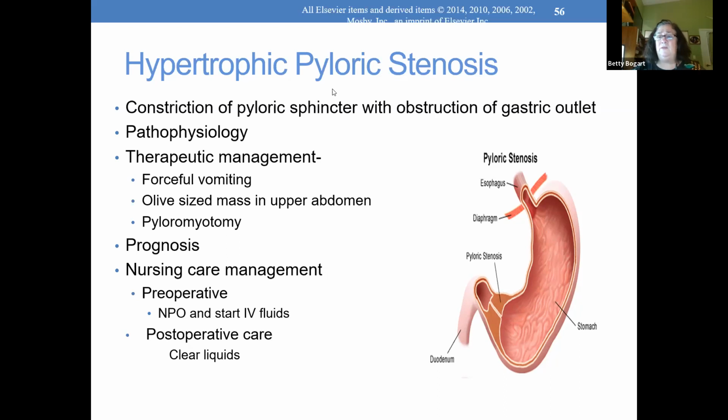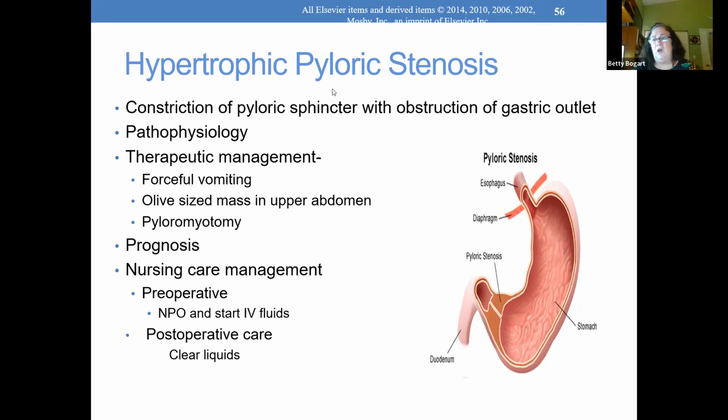Now, as soon as we get an infant in with vomiting, first question: what does it look like when they vomit? Does it dribble down or does it get forced out? And if they say it's forced out a lot, I would ask them, would you please not feed your infant anymore?